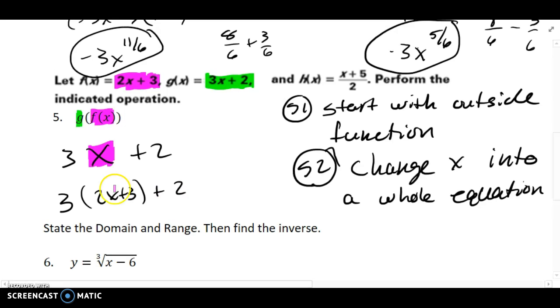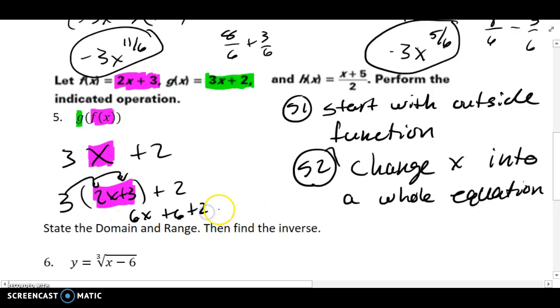So notice how that worked, okay? f of x right here is going to go in for the x of g. I'm going to erase this, and I'm going to put in f. So it's weird. We're putting one whole equation into another equation. It's kind of goofy.